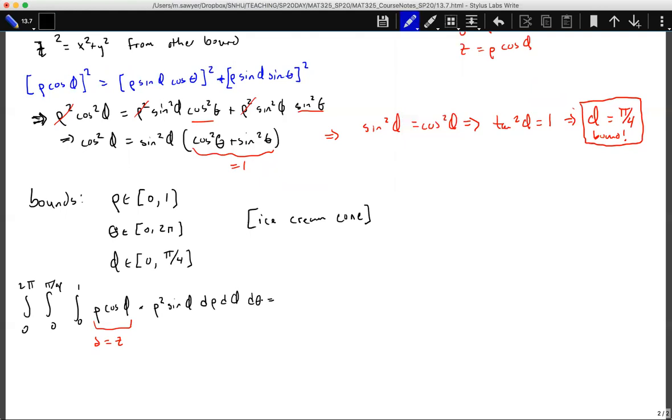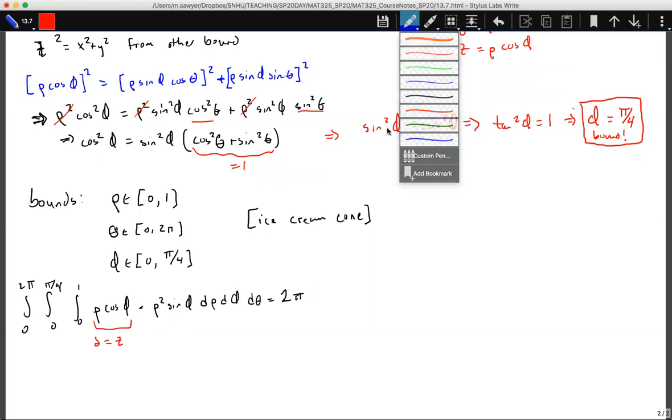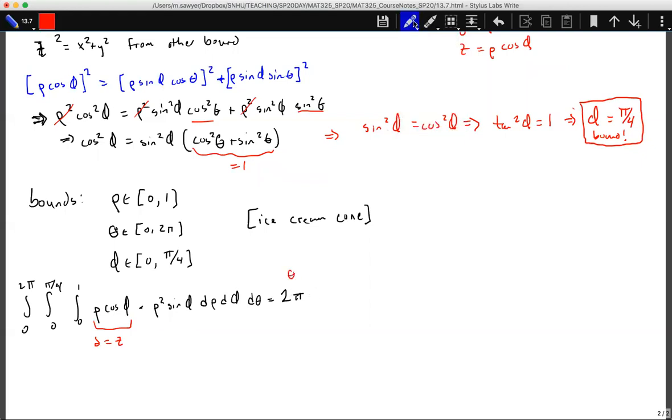So theta doesn't show up anywhere else in this problem, so we can pull out the 2 pi. It's separable, so we can pull the theta all the way out front. This comes from our theta bounds. So this is as if we were to evaluate the outermost integral because there's no thetas. This is all a constant in the inside with respect to theta.